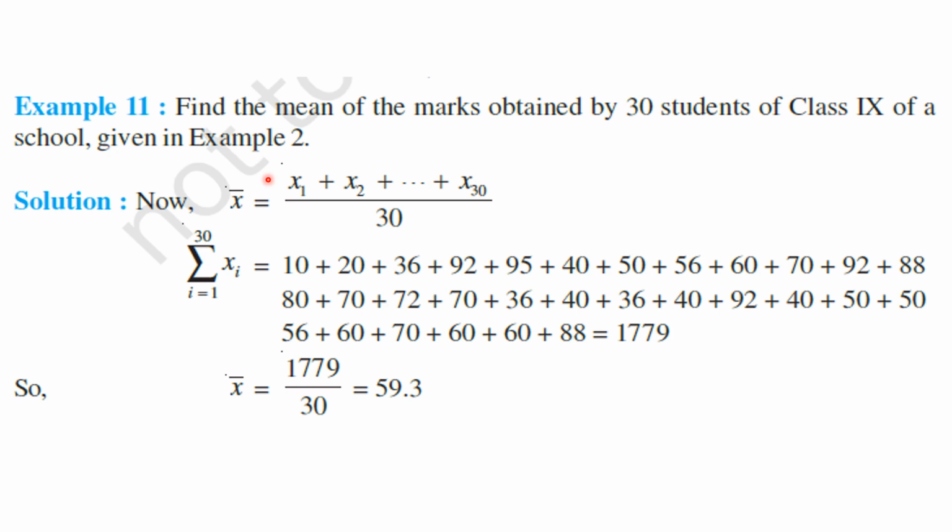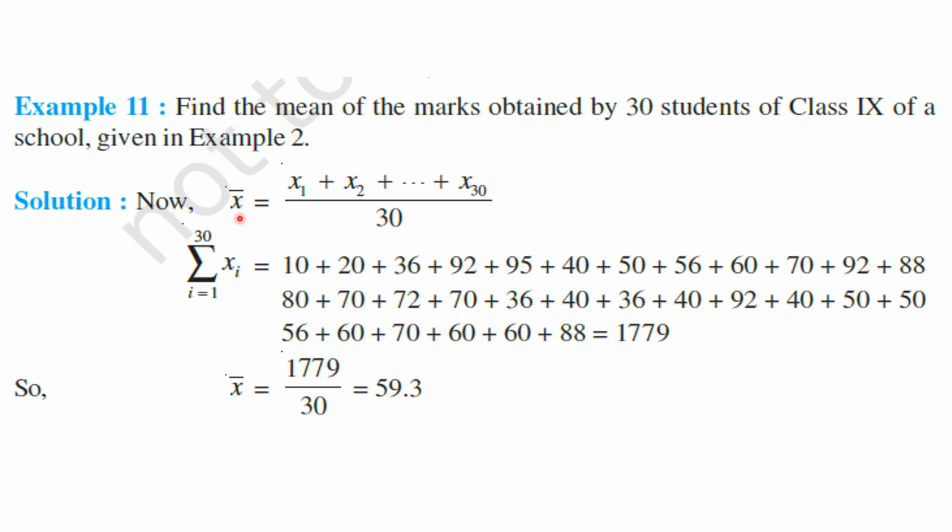In that example, the marks obtained by 30 students of class 9 were given. Now we have to find the mean of the marks obtained by the 30 students. Now come to the solution.